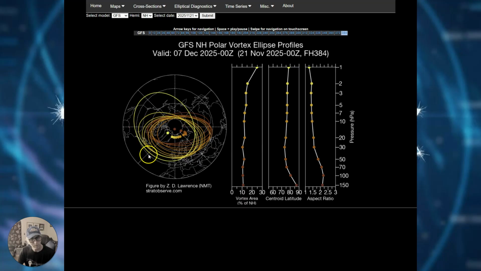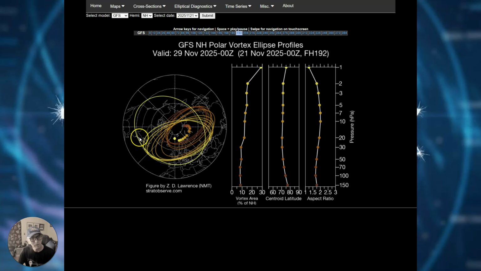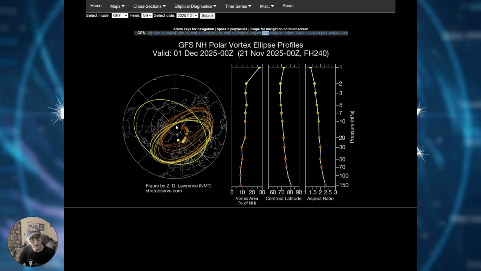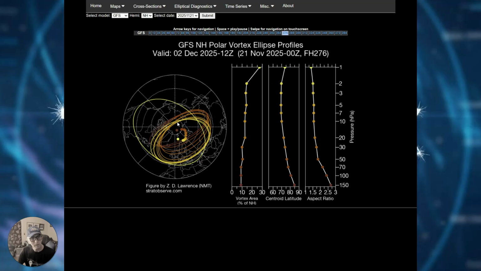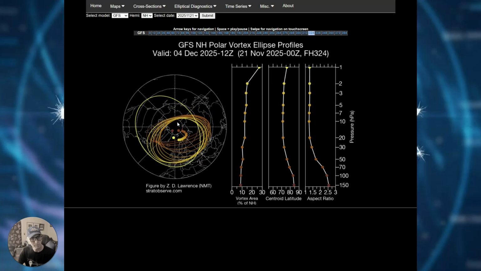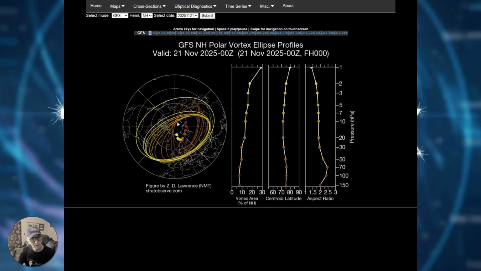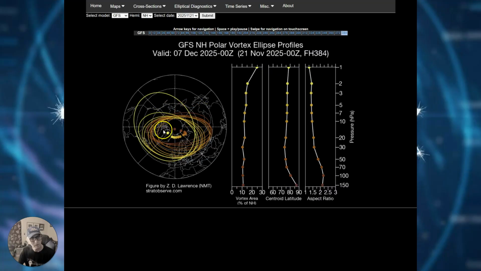These other pressure levels move further into the continental U.S., right? We go back a little bit. See what's happening here. Go through time. It kind of retreats a little bit. See how it really pushes this way.